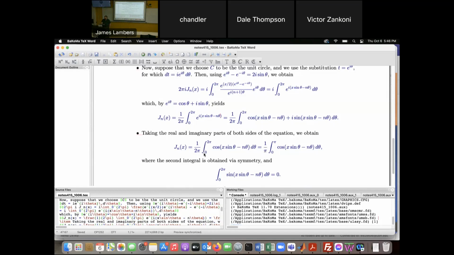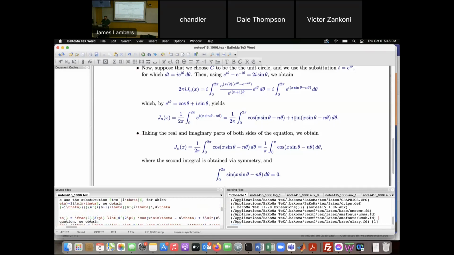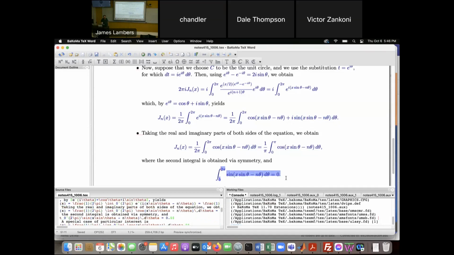Instead of integrating from 0 to 2 pi and dividing by 2 pi, you can also integrate from 0 to pi and divide by pi, it's equivalent. And it turns out the imaginary part comes from the integral of this, sine of x sine theta minus n theta. So this turns out to be 0.